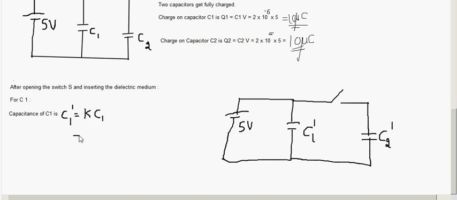K is 5 into 2 microfarad, so it is 10 microfarad.